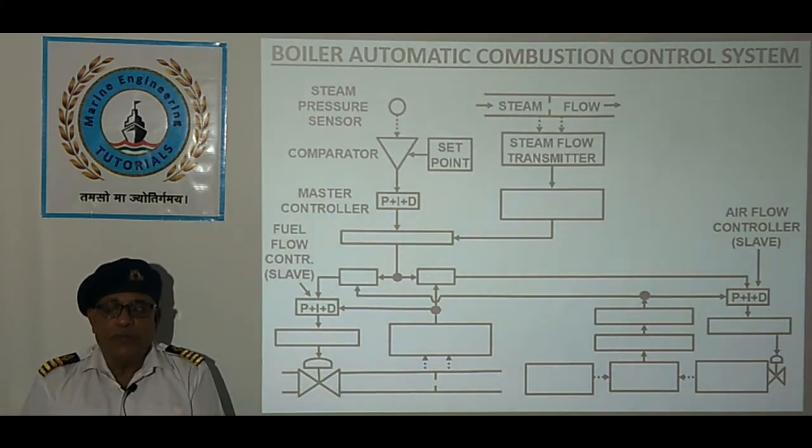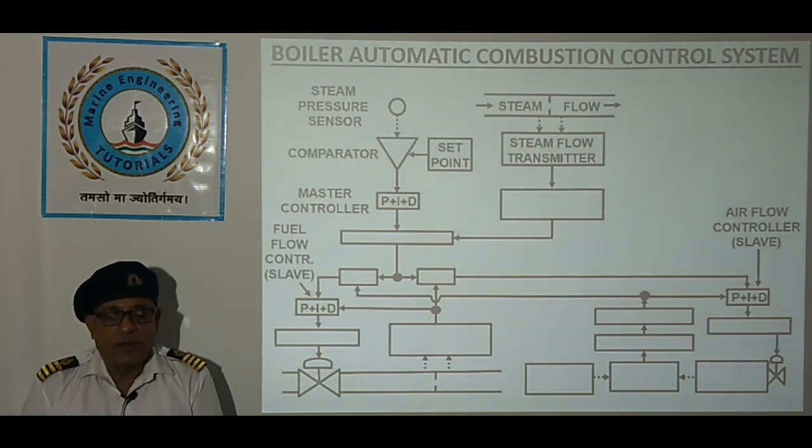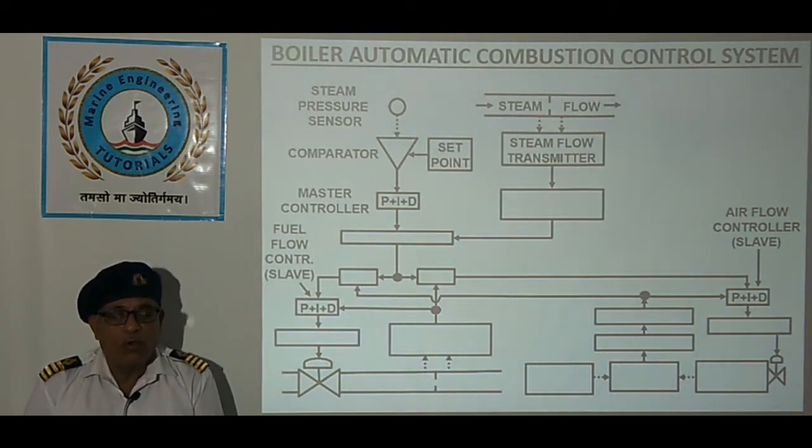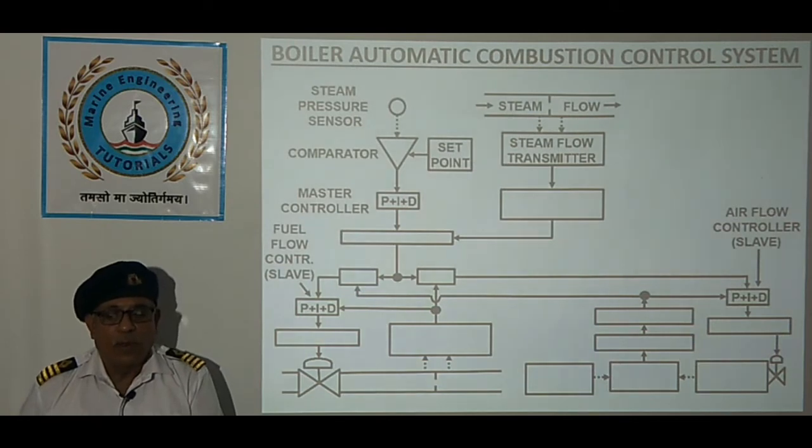In addition to this steam pressure, steam flow is additionally measured and fed to the steam flow transmitter. So steam flow is measured and sent here to transmitter, but this signal is a square signal. It is made linear by passing through square root converter, which we can see here, passes through square root converter and finally comes to the summing relay.